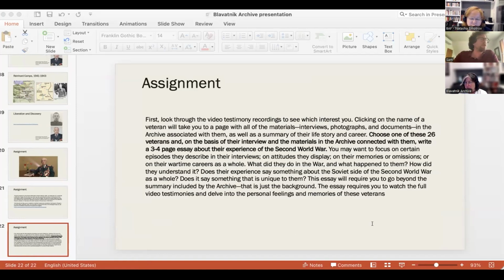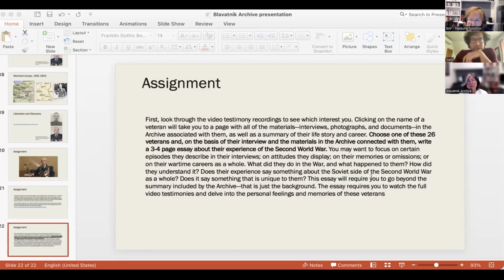By limiting it to those recorded in Russia, which I can do with the online interface of the archive, I can limit the number of possible veterans that students can choose to around 30 to 40. So this at least narrows it down a little bit, but they still have to watch these videos and choose a veteran to write about.